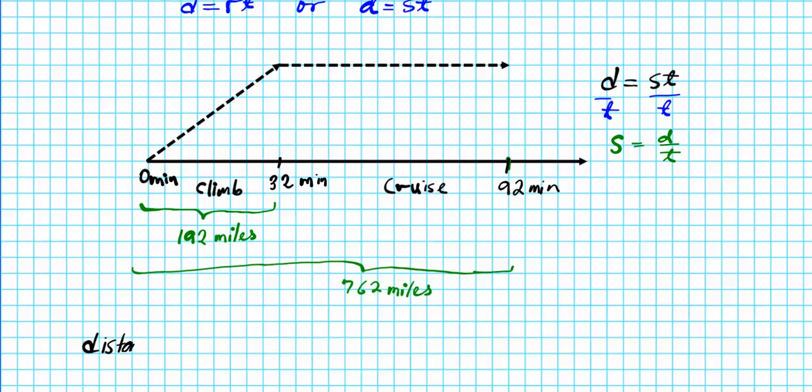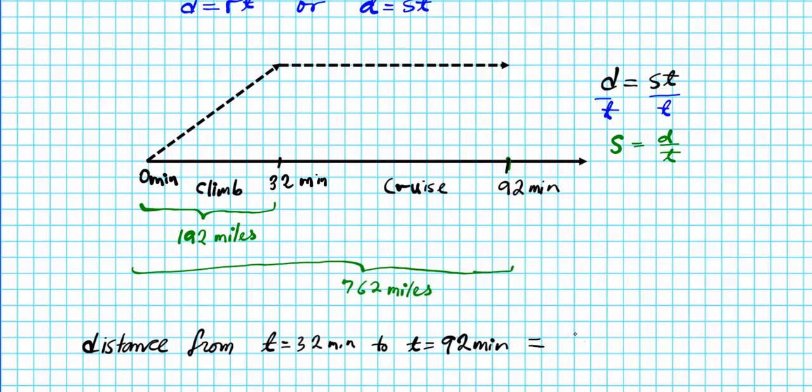Distance from t equals 32 minutes to t equals 92 minutes. How much distance did it fly? The 192 is for the climb, the entire trip is 762, so the cruising is simply the difference.